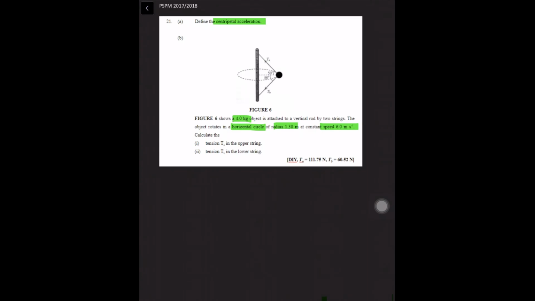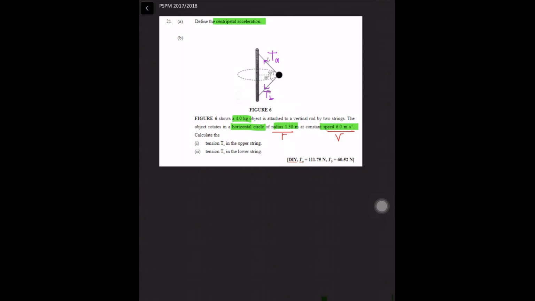So we have the radius of circular motion and the speed v. Calculate the tension TA in the upper string and TB in the lower string.